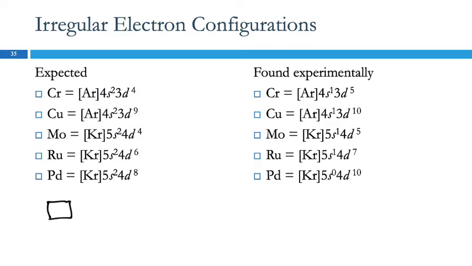So we've got 4s, and then next up is 3d. And so for chromium, there are 6 electrons that go in there. So what we expect to happen is that we go 1, 2, 3, 4, 5, 6. That's what the rules say, right? But it doesn't do that.